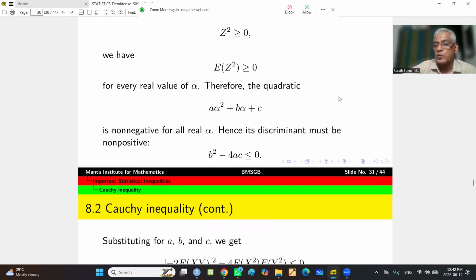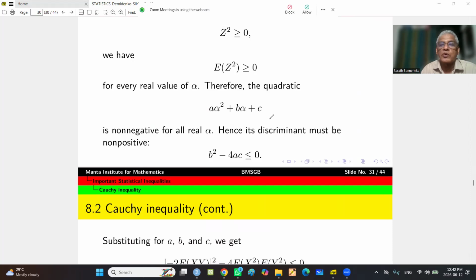So what you will have is a function like this; let me just draw it. Notice that A is greater than 0, because A is equal to the expected value of X squared, and we are considering the case where the expected value of X squared is positive. So this constant is positive.